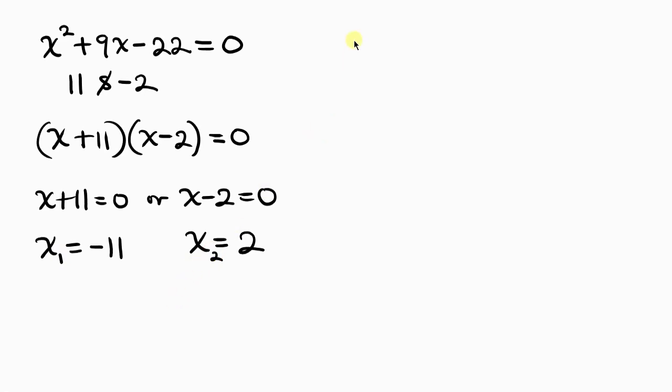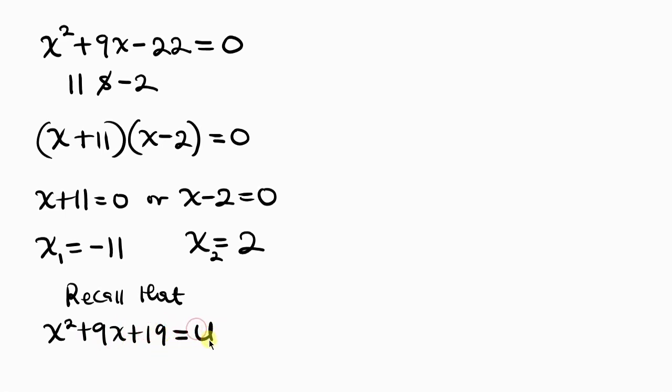Now let's go back to our original substitution. Recall that x squared plus 9x plus 19 is equal to u. So what is our second value of u that we're going to be substituting?